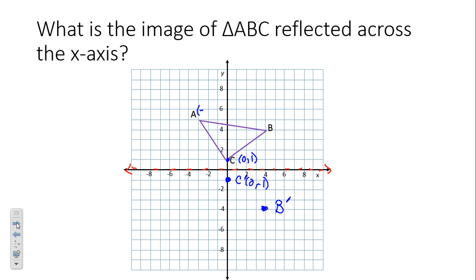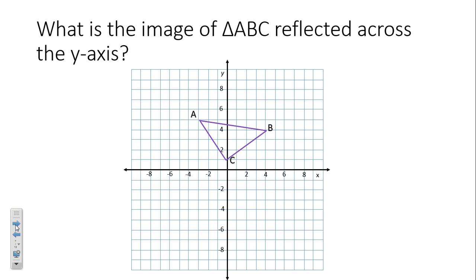Where will A prime be? Negative 3, negative 5. Good. Connect the points. And they have been reflected across the x-axis. Everyone okay with this one? Okay. Next example.